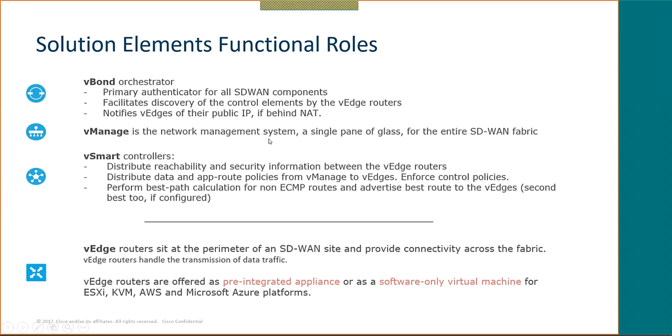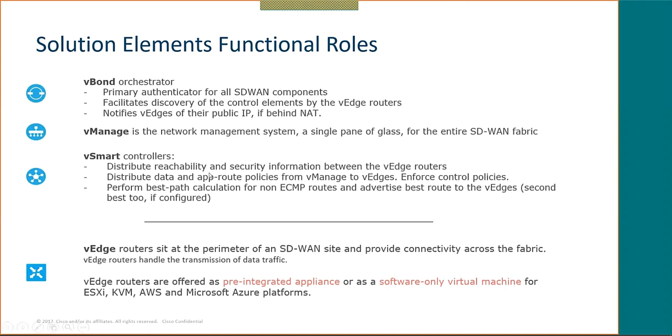vManage is a network management system, a single pane of glass for the entire SD-WAN fabric. vSmart is the routing protocol boundary controller that distributes reachability and security information between routers. Reachability is basically the routing table update. Control plane routing table information is communicated between the vEdges via the vSmart. For security information, if we go with IPsec encryption, the encryption keys also will be distributed by the vSmart.